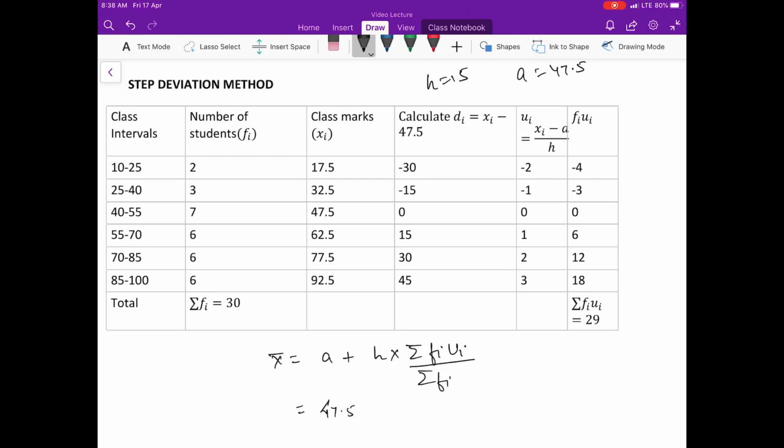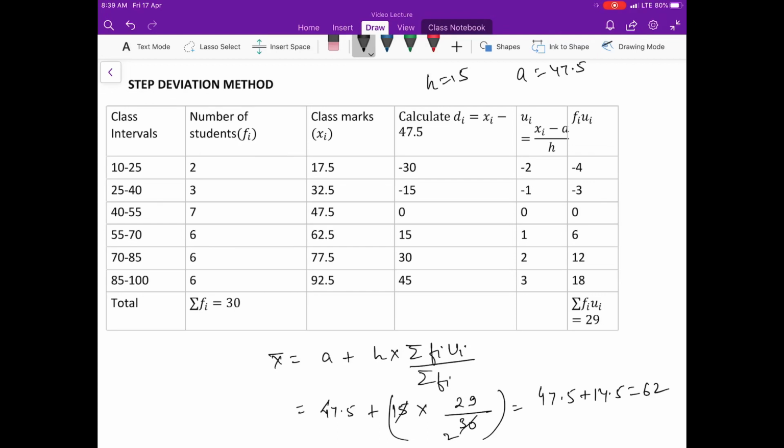So a is 47.5 plus the height of the class interval is 15. The height of the class interval is nothing but upper limit minus lower limit. So 15 into sigma fi ui, which is 29, divided by sigma fi, which is 30, gives again 47.5 plus 14.5, that is equal to 62. You can observe here that in all three methods we get the same value, 62.